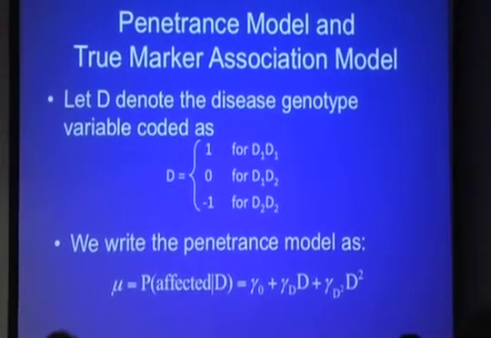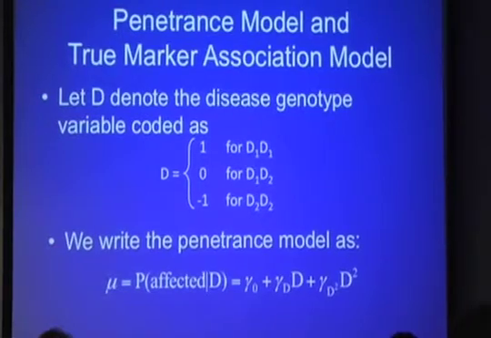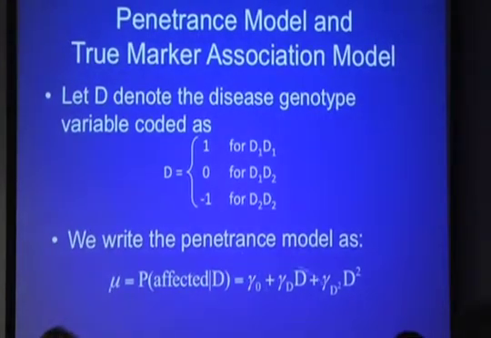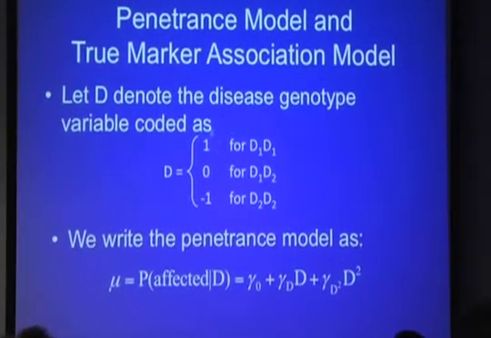So we write the penetrance model in this way. That is the probability of being affected given the disease genotype. It's going to have these parameters here, and that's if you're diseased, and according to this, the square of that. You'll notice that when this is squared, it's identical to this. Sort of interesting.